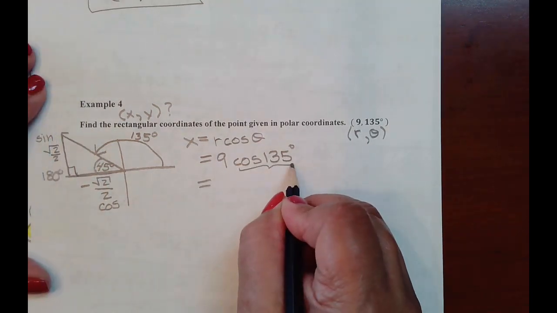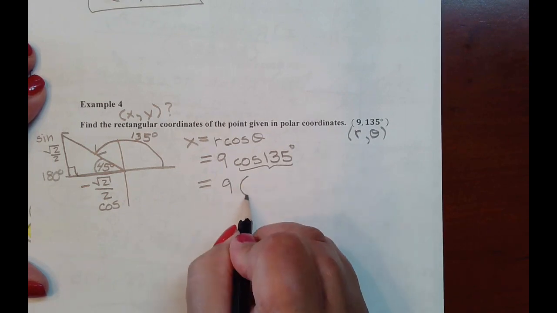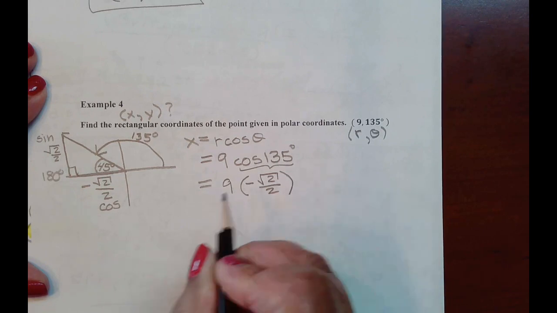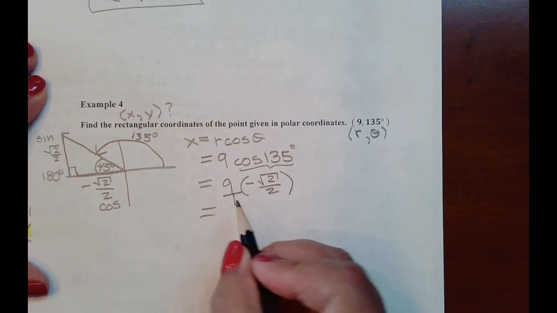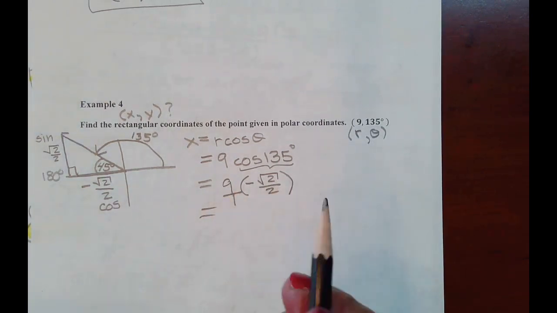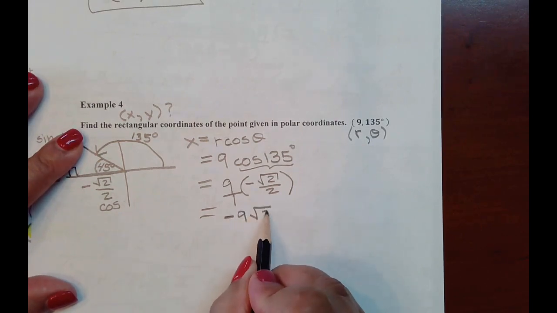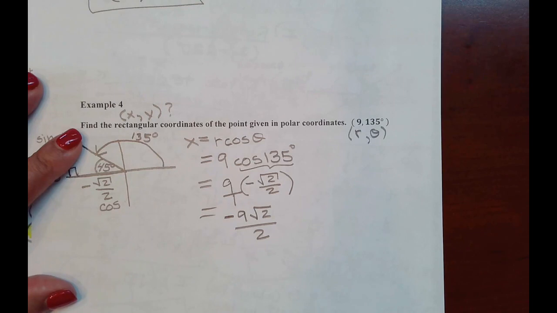Okay, so the cosine is the horizontal leg, the negative square root of 2 over 2. This 9 is the same thing as 9 times 1, so it's numerator times numerator. I'll float that negative out front over a denominator of 2.